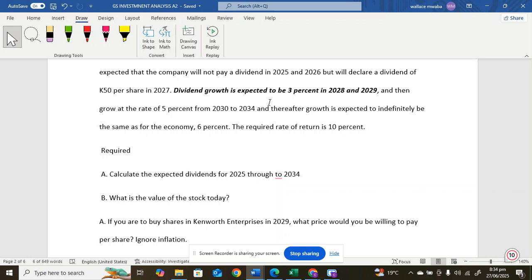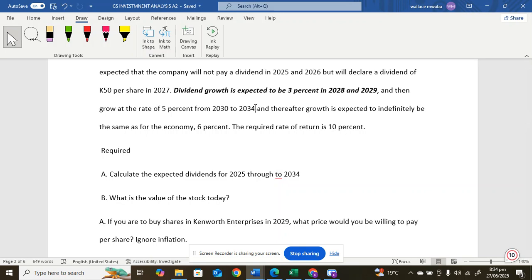Now, after the year 2034, the company is not going to close in 2034. It's still going to be in existence in 2035, 2036, 2037, 2038.